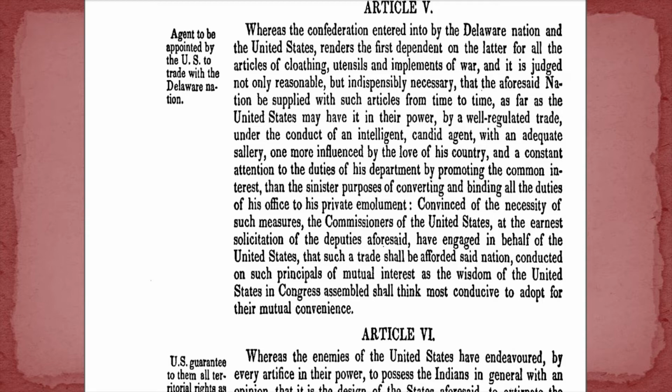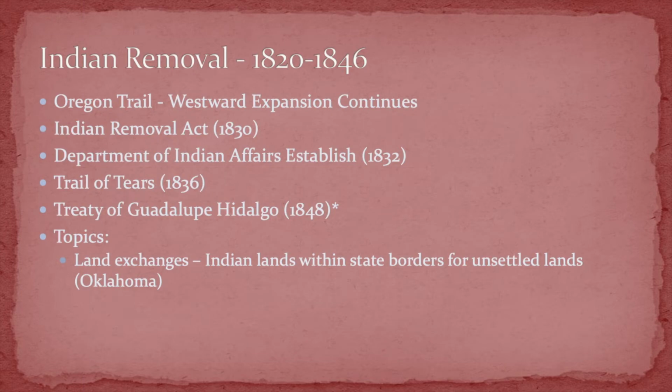And then we have down here, I think I took the next slide out, about the guaranteeing of territorial rights. Even though, let me move back, the treaty period was 1778 to 1871, I'm going to backtrack a little bit and talk about 1820 to 1846.